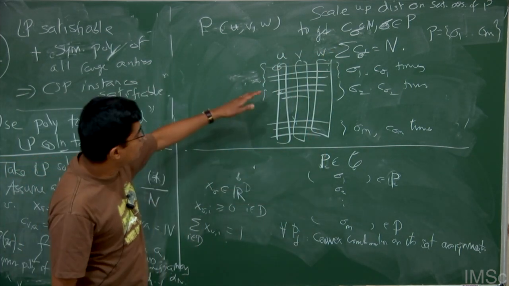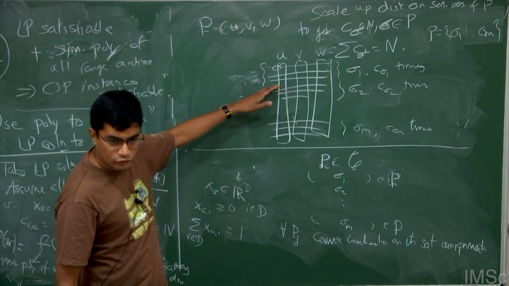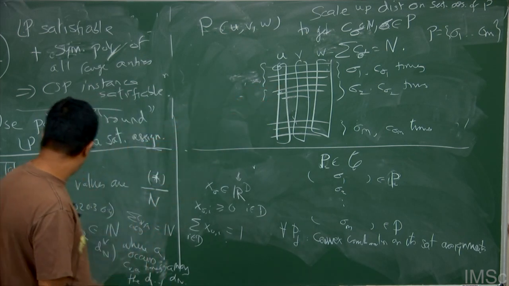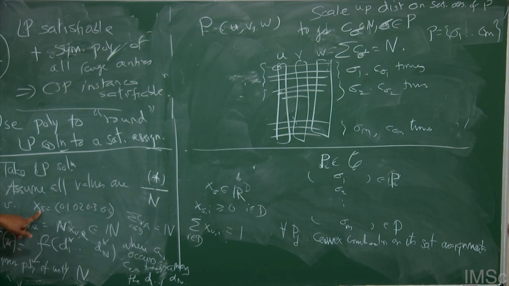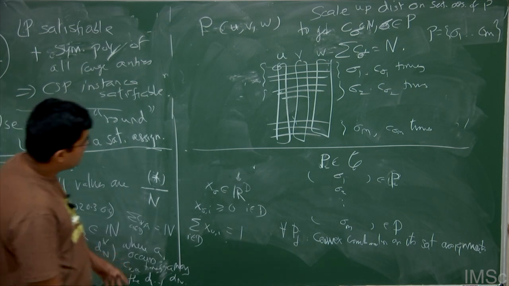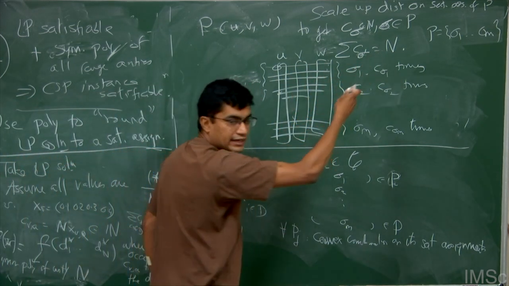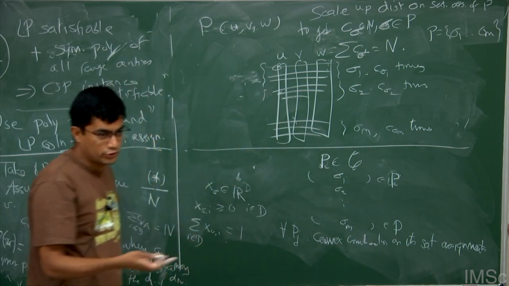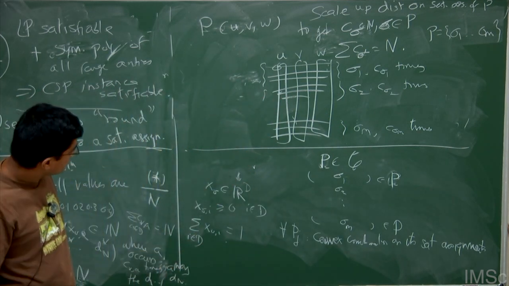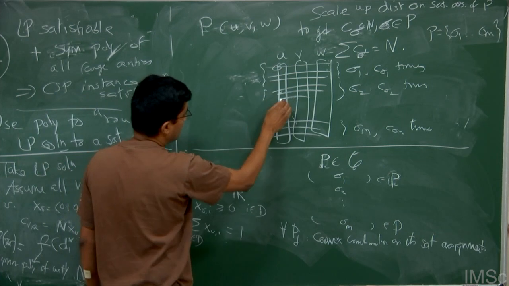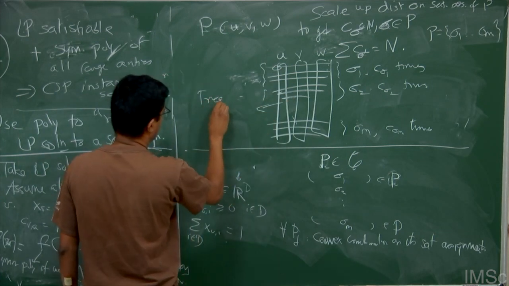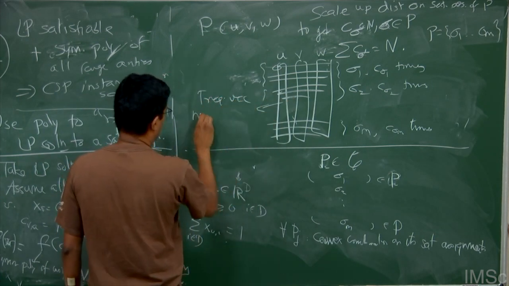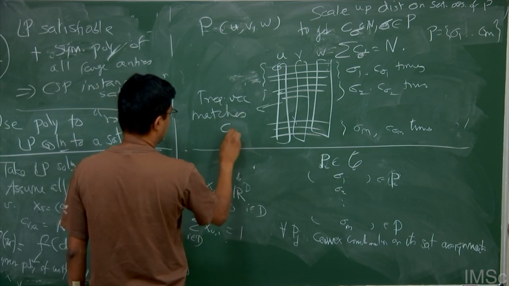So the distribution on assignments to P, the marginal, matched the distribution on U. So all I did is scale it up. I just converted distributions into numbers which add up to n. So the frequency vector matches C_U.